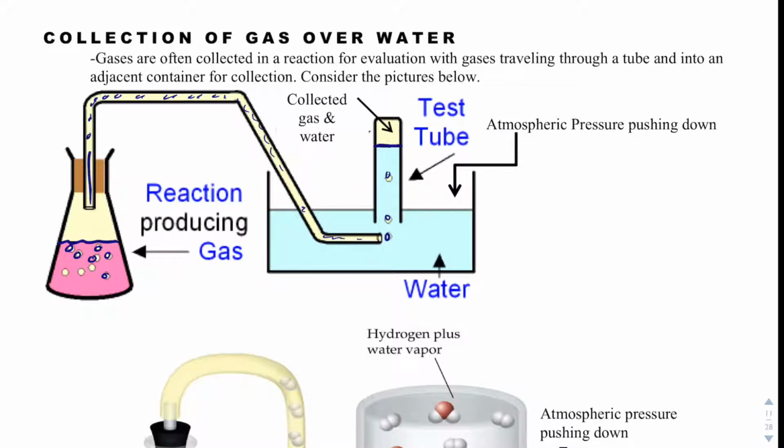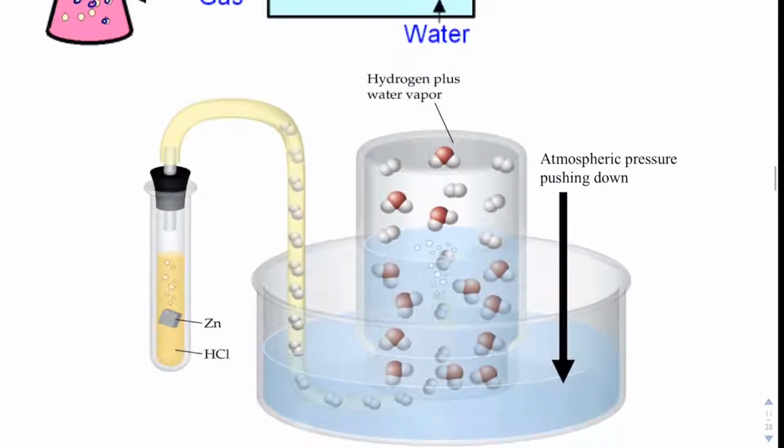Now the problem with that is that when we collect gas using water displacement, for example, here we've produced some hydrogen gas, but because there's liquid water here and water will have a certain vapor pressure, we also have some water molecules that are contributing to my pressure, and I don't care about the water molecules.